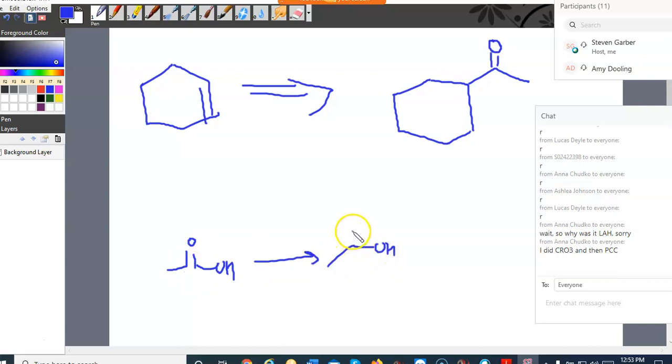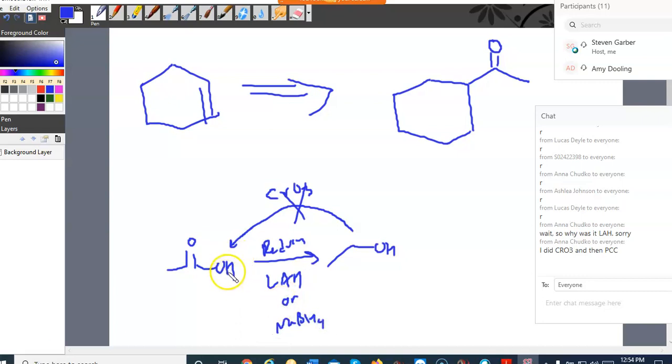If you're going from the alcohol to the carboxylic acid, that's when you use the CrO3. That's oxidation. I'm not oxidizing. I am reducing here. So I got to use one of the reducing agents, which is either LAH or sodium borohydride. And since we're going from an acid to an alcohol, I have to use LAH.